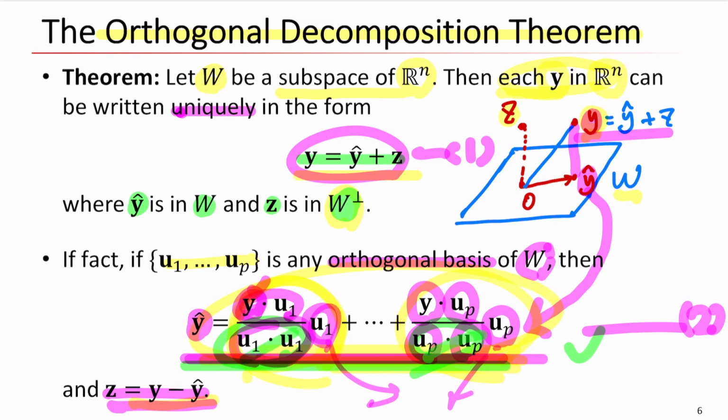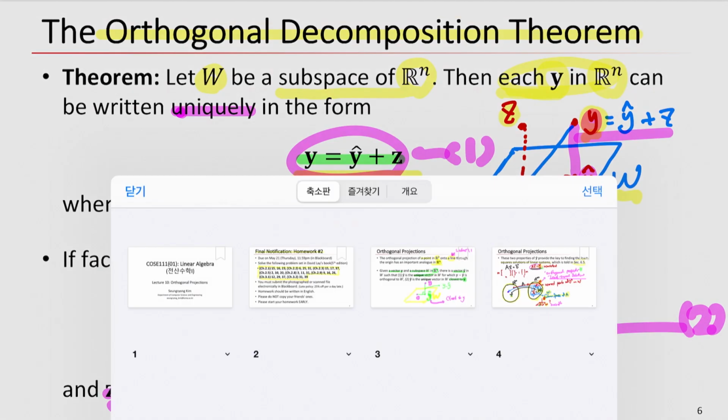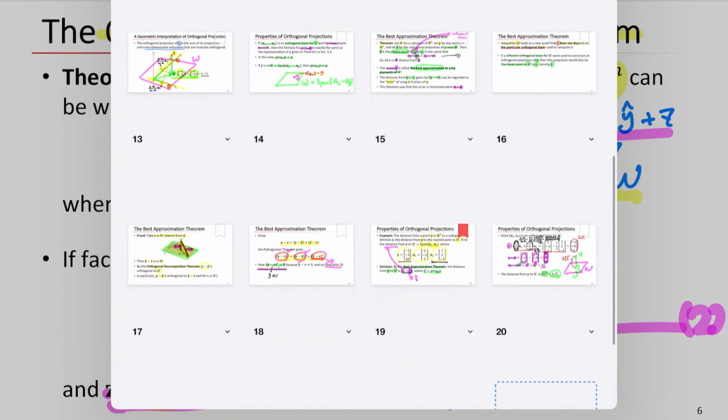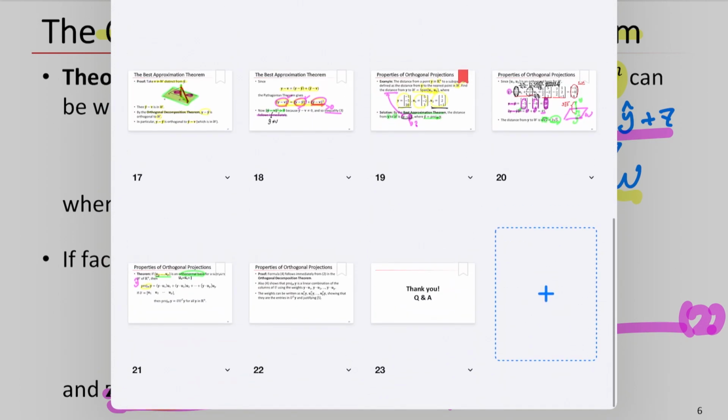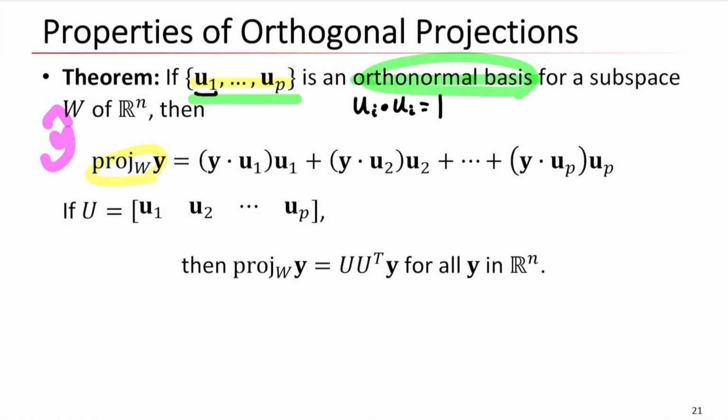So this term should be 1, so this term will be removed. In other words, u1 inner product u1 is equal to 1.